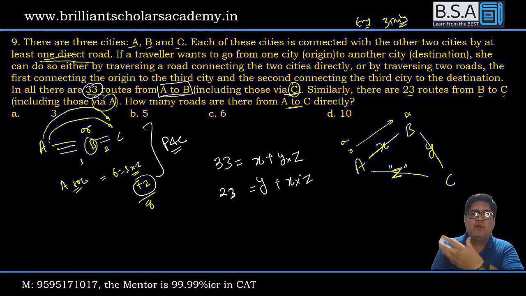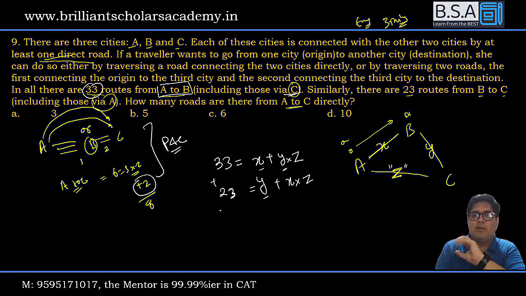Now, one way to do that is to start cancelling variables, start rearranging. I notice one thing, that X and Y are interchanged. Y was in the multiple of Z, X was separate. Now it is the other way around. One of the simplest ways to approach such questions is to add or subtract.